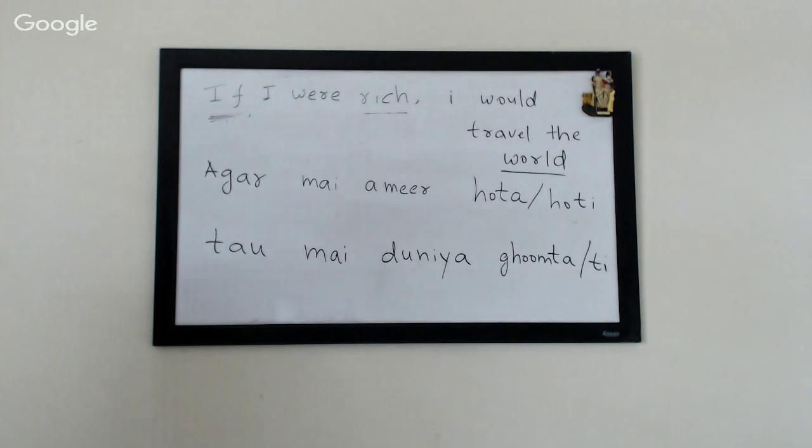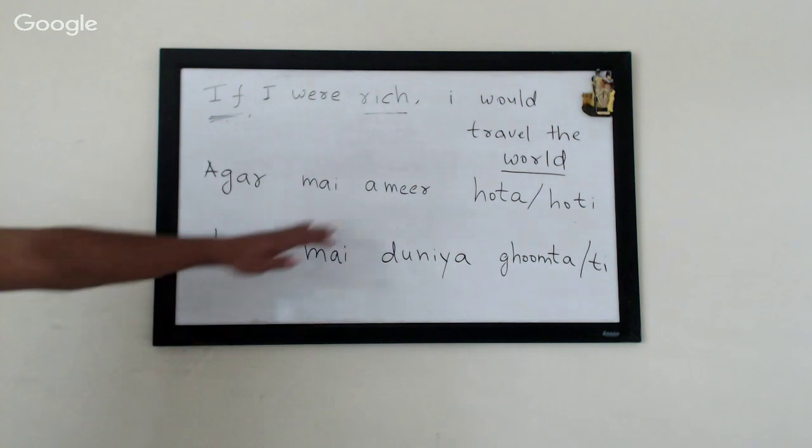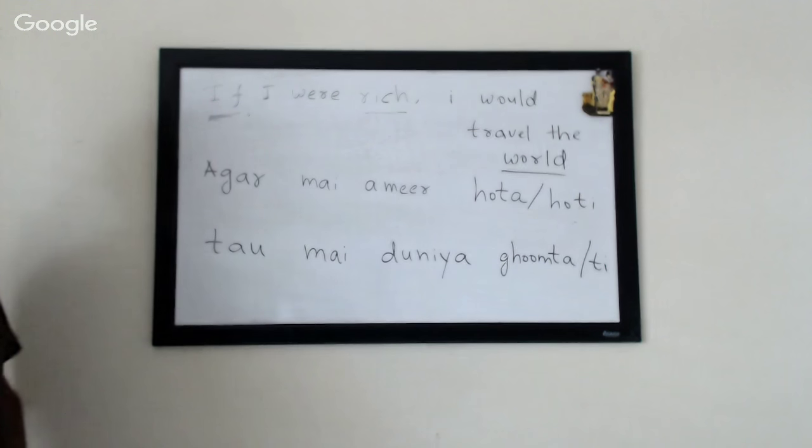Good. I hope you're getting the hang of it. अगर मैं पैसे वाला होता तो मैं दुनिया में घूमता. Very good. So you can use that as well. पैसे वाला और पैसे वाली.